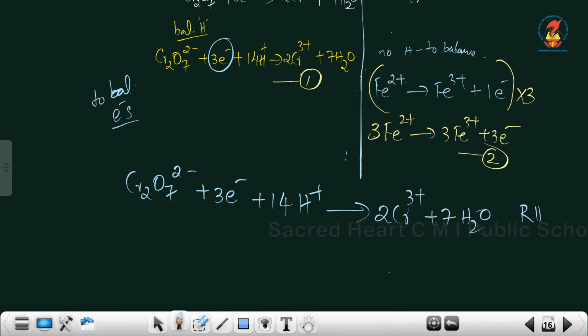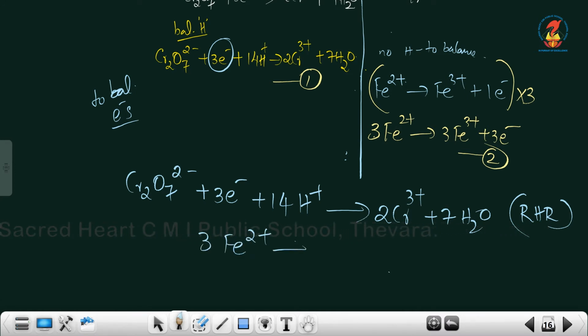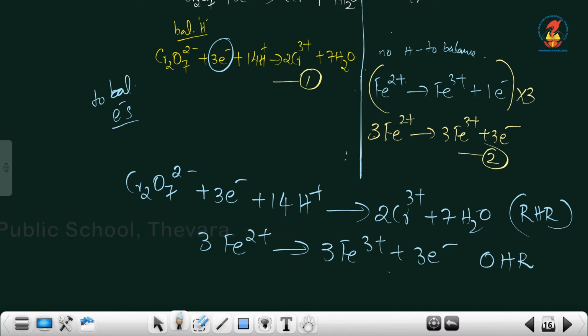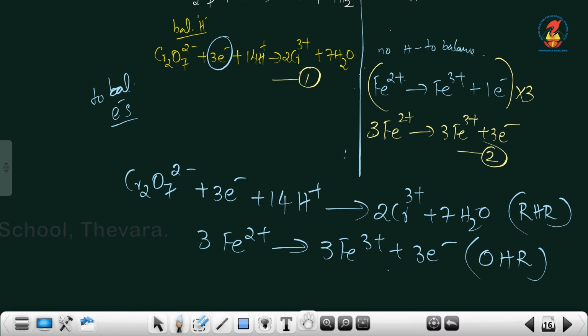This is our reduction half reaction. Now we have our oxidation half reaction as 3 Fe2+ giving 3 Fe3+ plus 3 electrons. This is our oxidation half reaction.